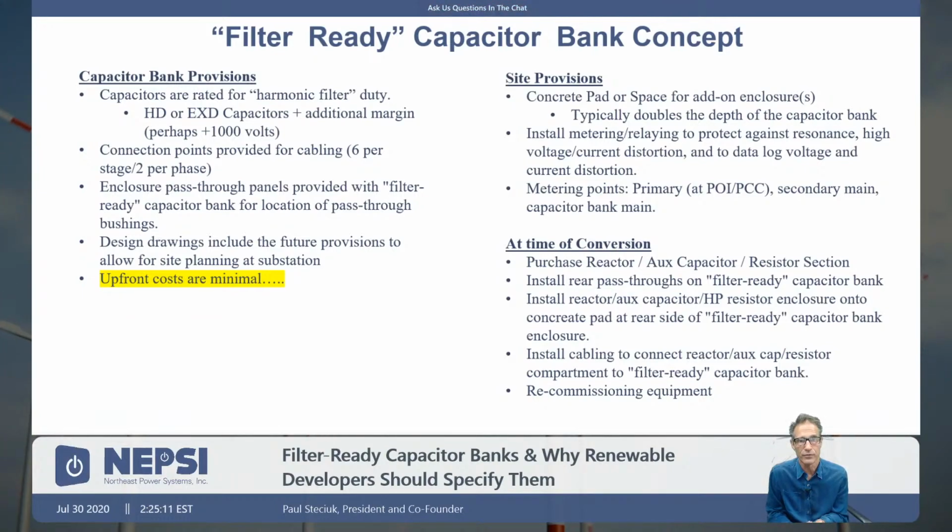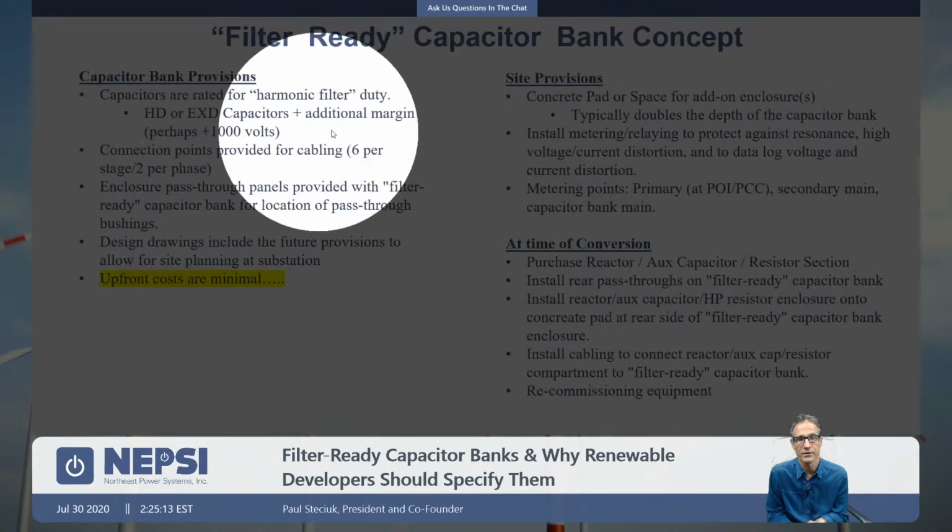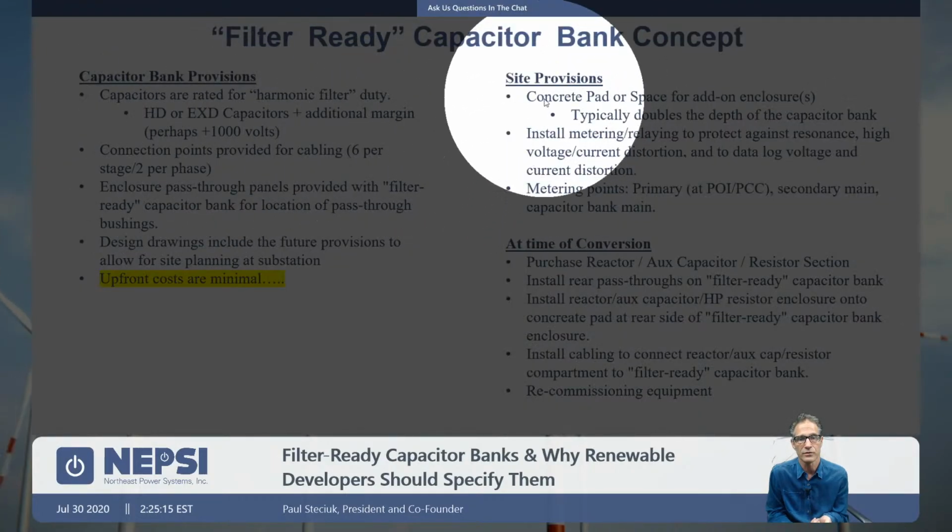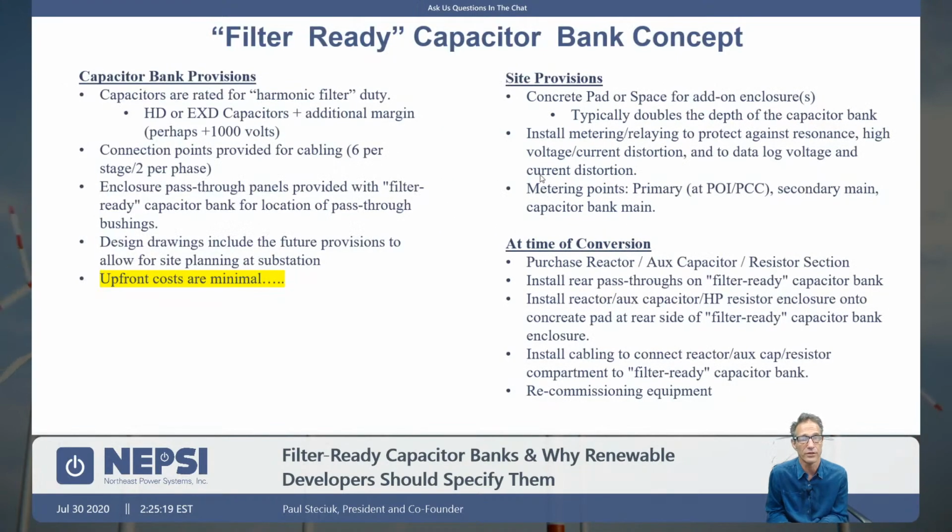So site provisions are necessary, and this is really dedicated to a metal enclosed system, but it somewhat will also include what you would need to do with an open air system. Concrete pad or space: you need space in the substation, and you need to increase the concrete pad. We're going to talk about what that is. You're going to want to install metering at your site.